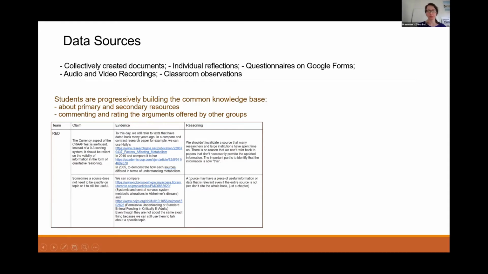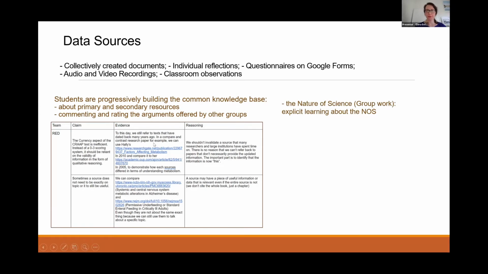So students worked in several teams and commented about the resources that they found related to the topics that we addressed in the classroom, or maybe the teacher suggested. And so they were commenting not only on the resources, but also on the claim, evidence, and reasoning and the quality of the arguments offered by other groups.